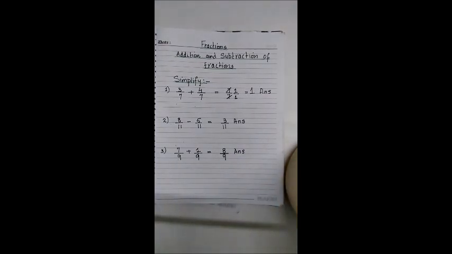Now students, this was numbers with the denominators being the same. I am going to explain fractions with different denominators. You already have done different numerators, but the denominators were the same. So let's move on to the next question with different denominators.